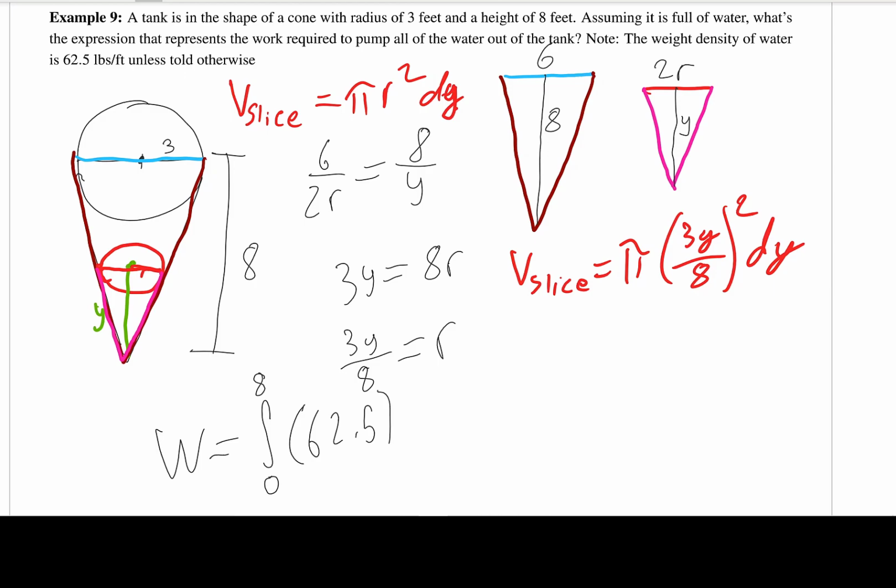We'll have our distance, which is given by 8 minus y, right? That's the distance from the top of the tank to where our slice is, times v slice. So times pi 9y squared over 64 dy.